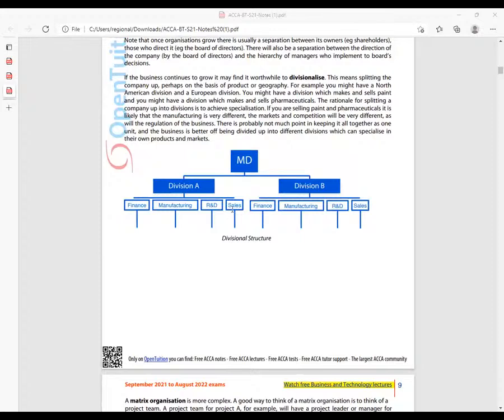So whenever it's a divisionalized structure, ladies and gentlemen, if you are able to understand this once and for all, the better for me. For example, if it's RCM College, we know we have got two major products. We have the CPA and we have the ACCA. So if we are doing this divisional structure, then I'll have the ACCA department on one side and the CPA department on the other side.